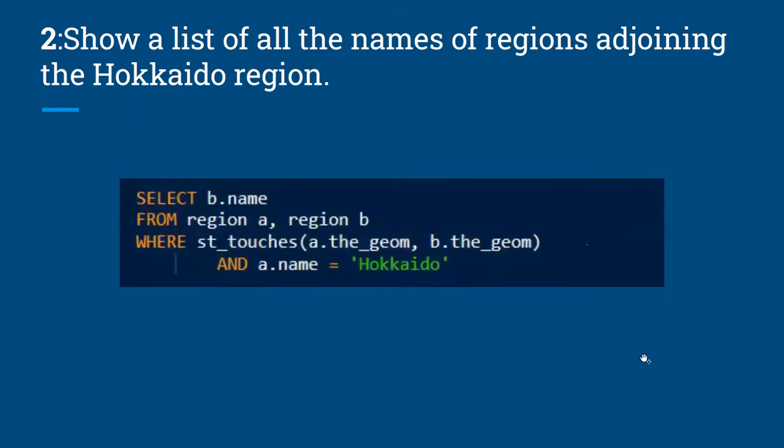Here we go: select p.name, where p corresponds to the region from the table region. We have region A and region B. We're retrieving the regions B where the geometry of B touches the geometry of A, where A would be the Hokkaido region.